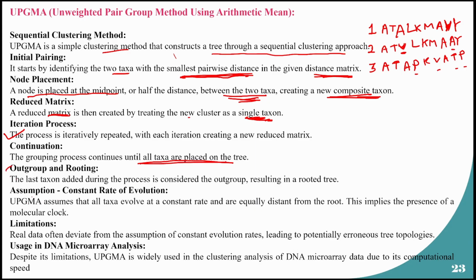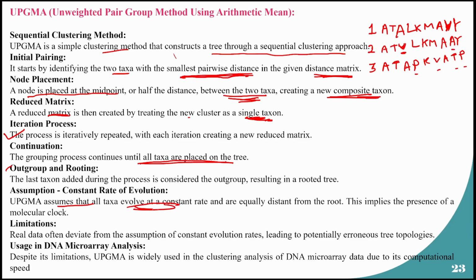And there are some assumptions here as well. Whenever we place the dot at the midpoint, that midpoint is basically a common origin point, or a branching point, from where the two different branches diverged, right? So in this case, the UPGMA method assumes that all taxa evolve at a constant rate.